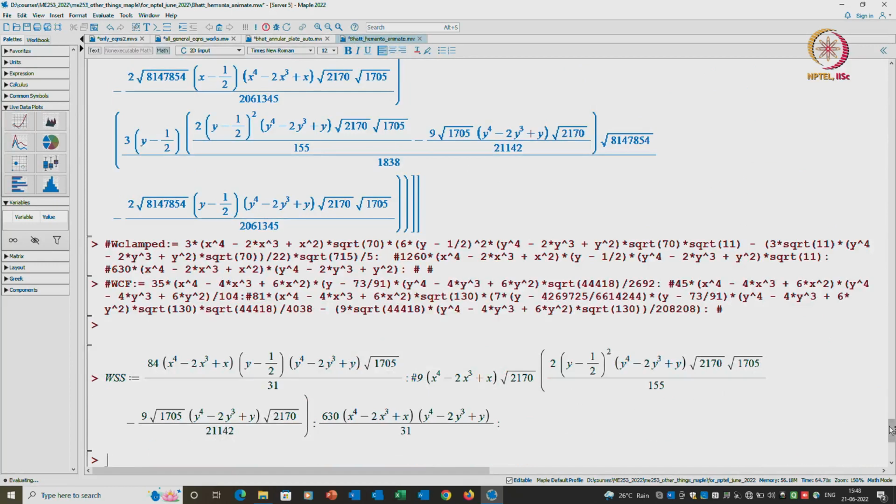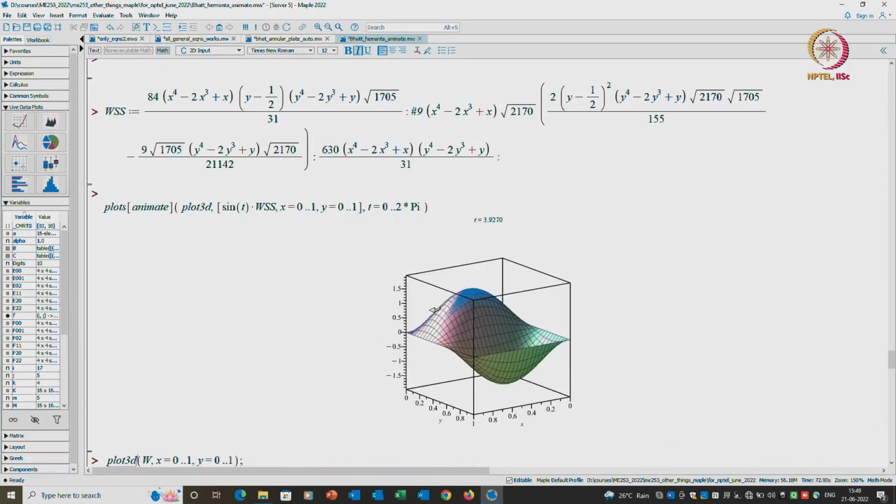Okay, so let us evaluate. Yeah, so this is a simply supported mode. So, it is simply supported on 4 edges. This is 2 half cycles in this direction, 1 half cycle in this direction.